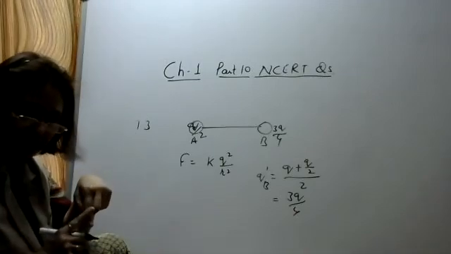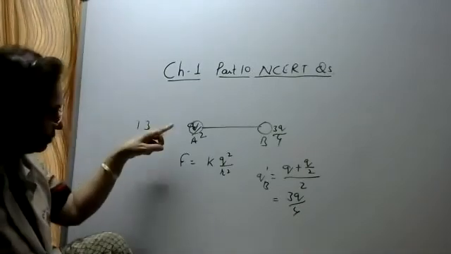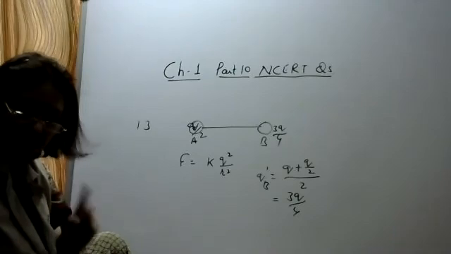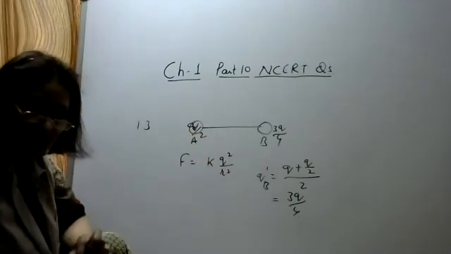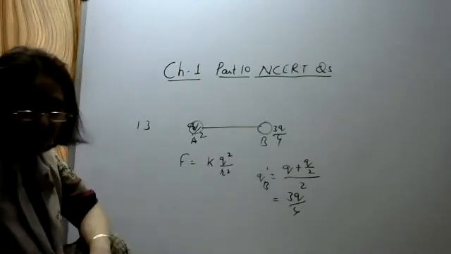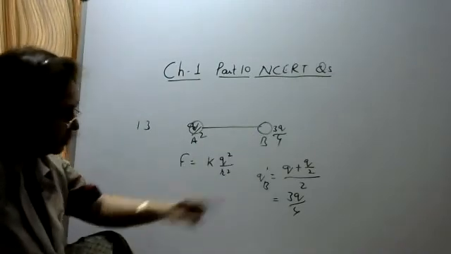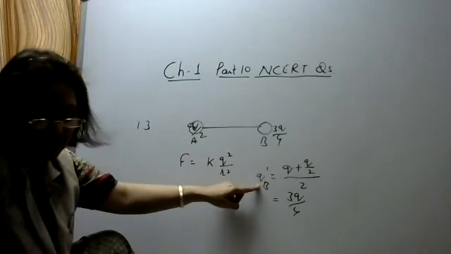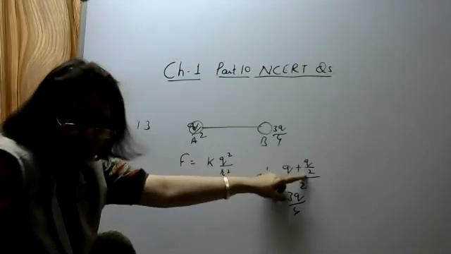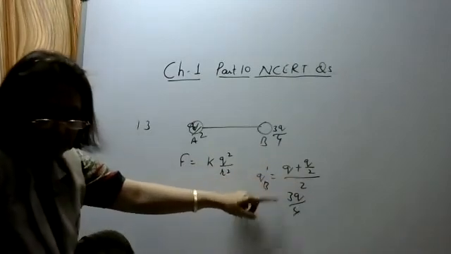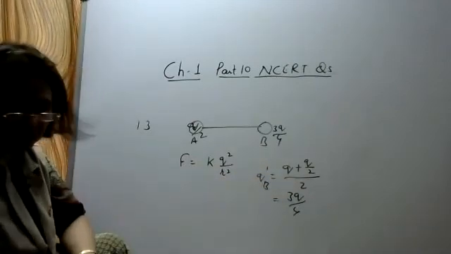When they are brought in contact, both will get Q by 2. Now that C, which is having Q by 2, is brought in contact with B. So how much charge will come on B? The charges are shared: Q was on B plus Q by 2 was on C, divided by 2, that is 3Q by 4.